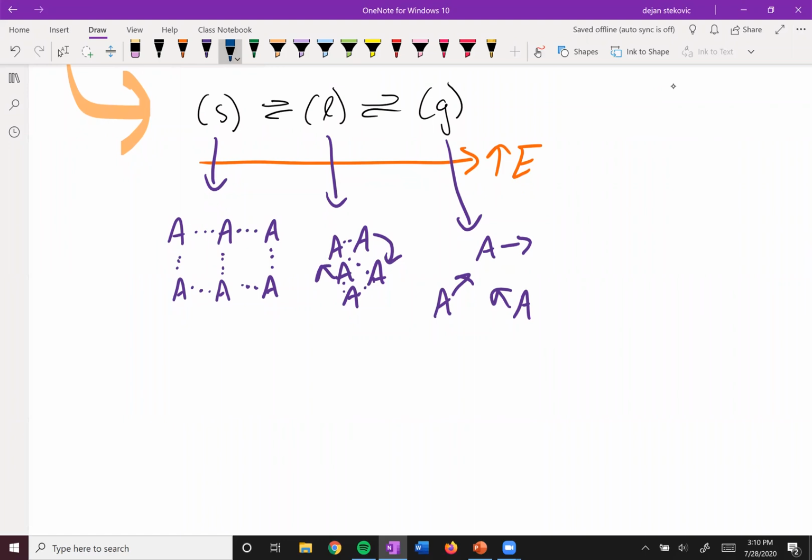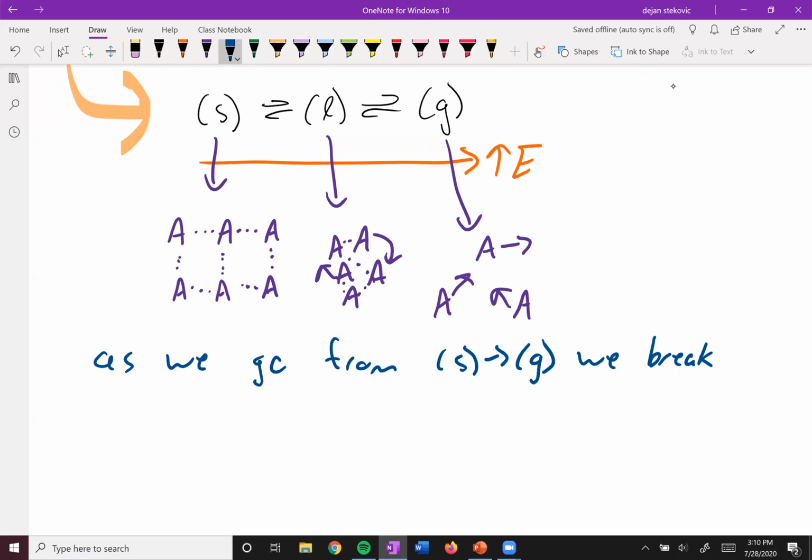And so you can see in a solid, there's something keeping all these individual molecules together. In a liquid, that force that's keeping them together is still there, but not as strong. And then in a gas, we've destroyed these forces essentially. And so as we go from a solid to a gas, we break apart the forces keeping the molecules together.